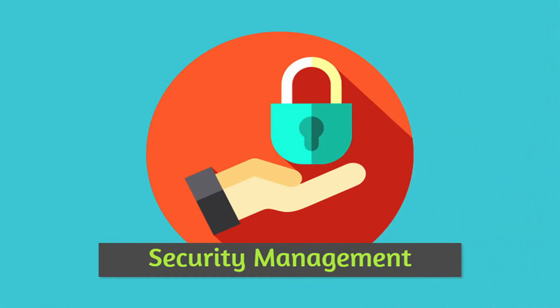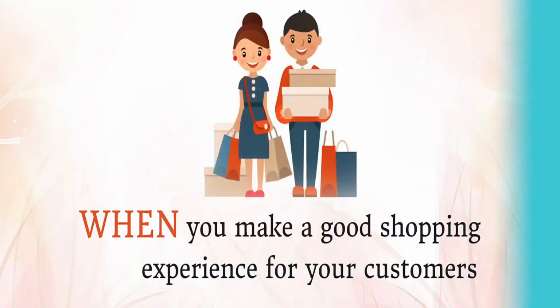Since users are conscious about their privacy and issues related to security, retailers face several issues in security management, gaining the trust of clients. Users tend to become comfortable with good shopping experiences, and gaining it takes a lot of time.